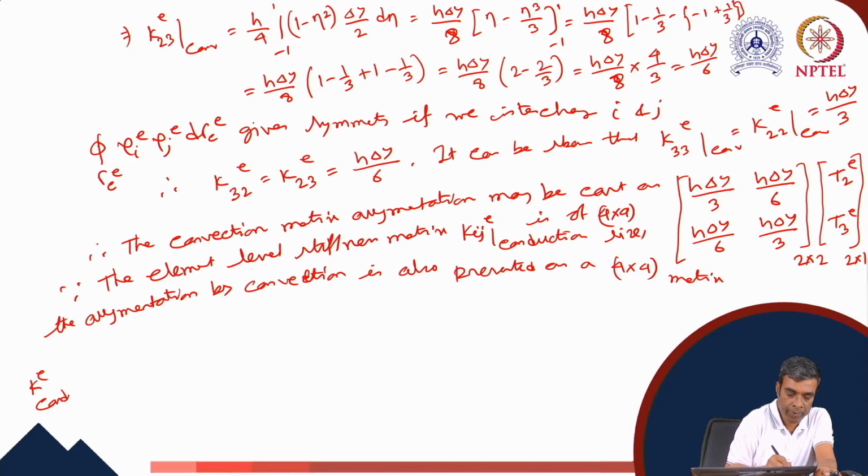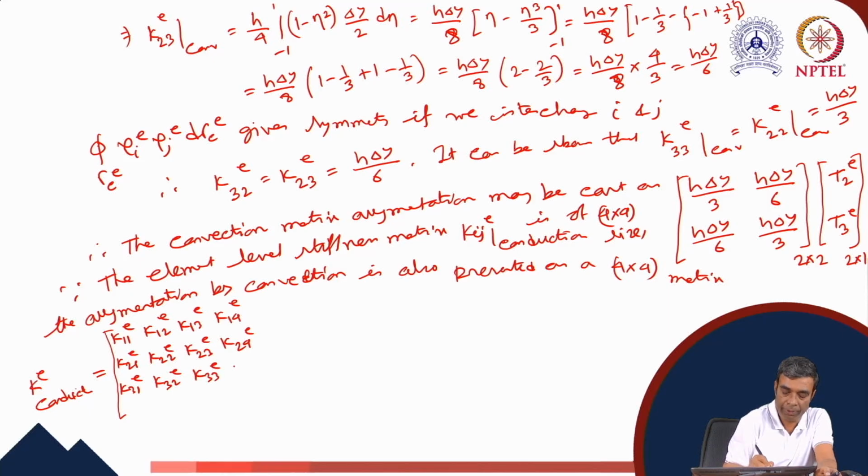Ke conduction equals K11E, K12E, K13E, K14E, K21E, K22E, K23E, K24E, K31E, K32E, K33E, K34E, K41E, K42E, K43E, K44E.